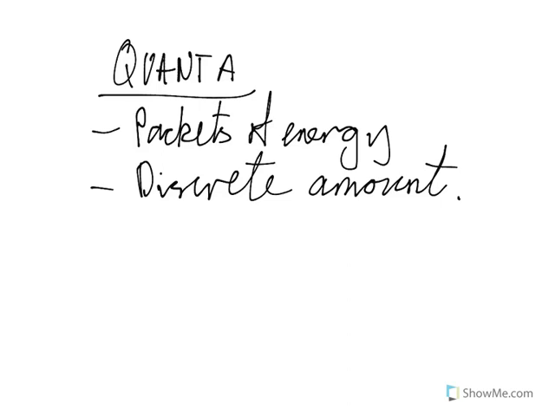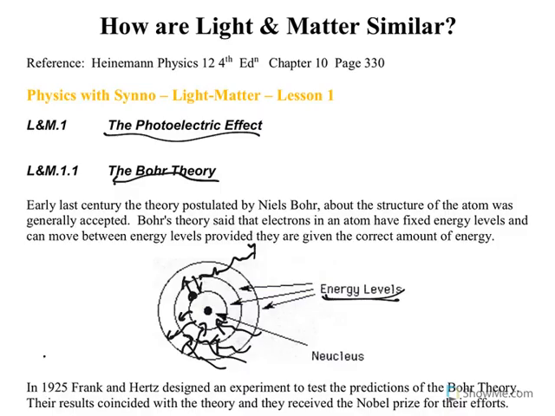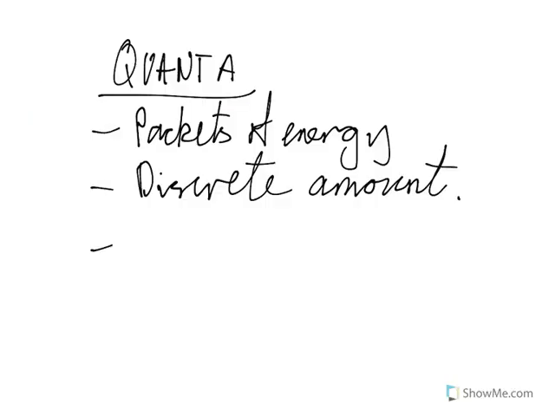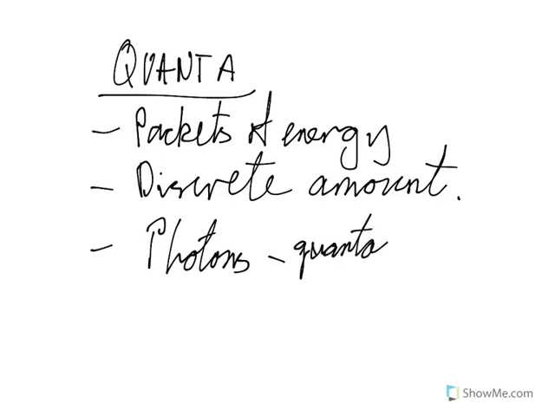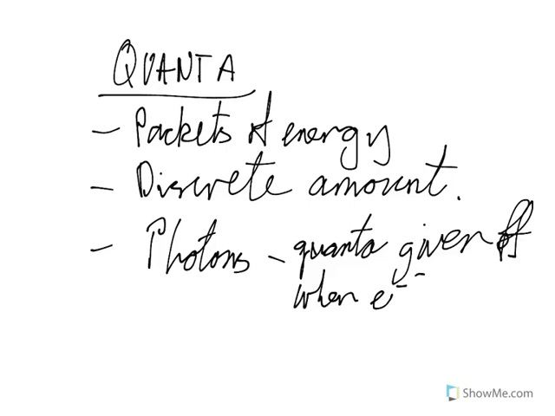All right, and so the quanta in this case, when it's given off here, these quanta we call photons. So photons: quanta given off when electrons drop down levels.